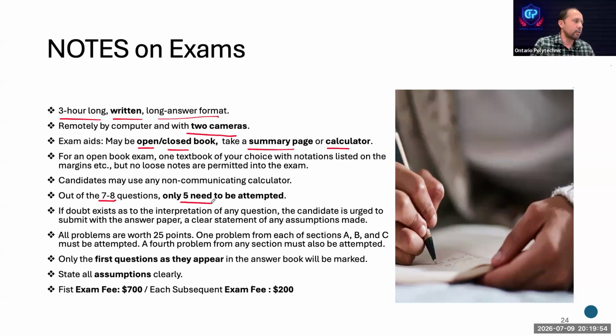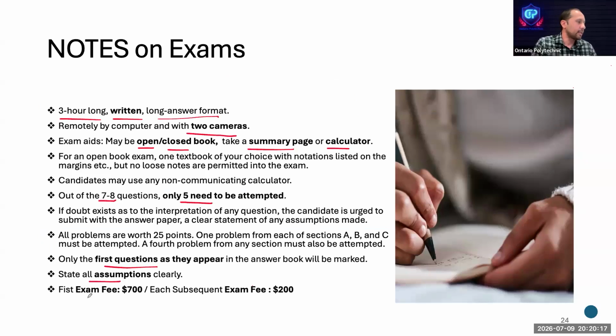And if you write number 6 or 7, they just ignore it. So the first few questions that appear in your paper, they will review those. Sometimes you have to state your assumptions very well. And there are some tricks on how you should answer the questions.